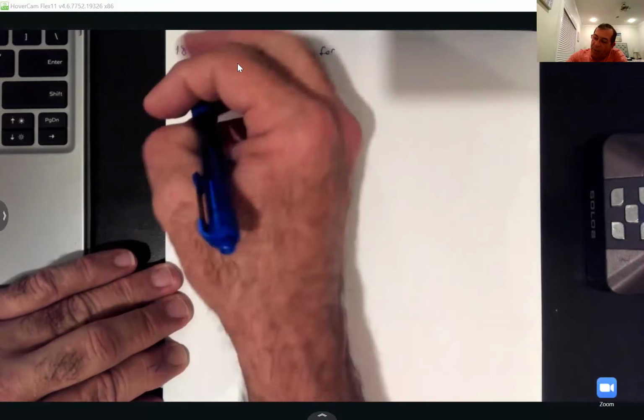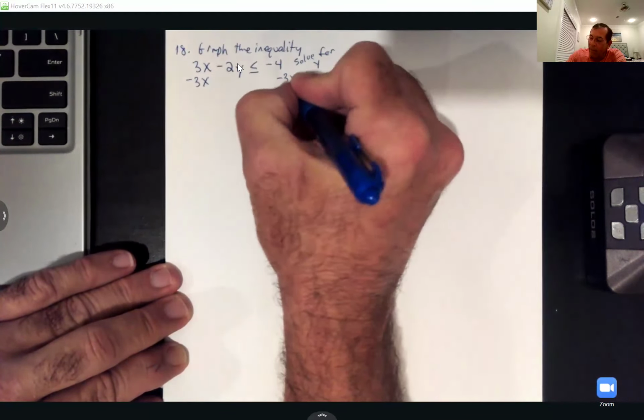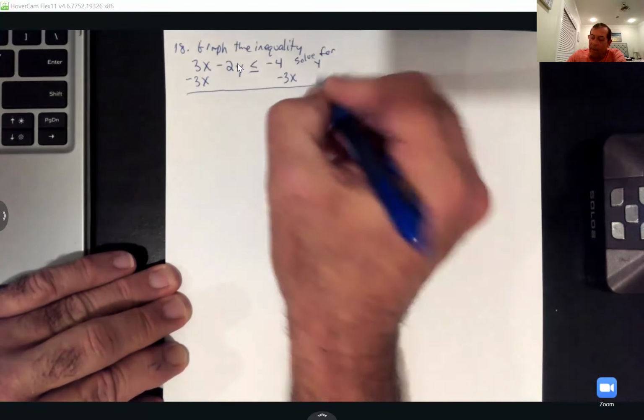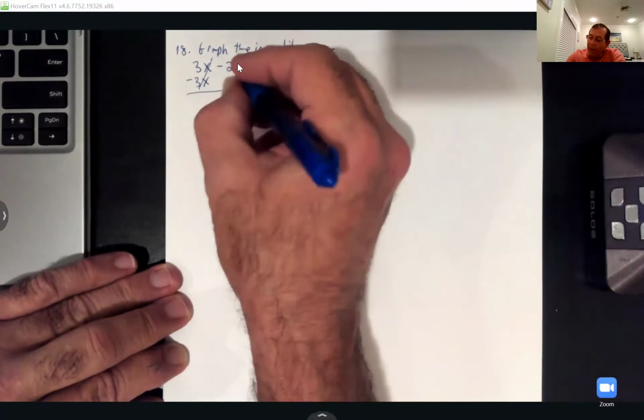So start out by moving the 3x by subtracting. So notice those cancel. You get negative 2y less than or equal. Once again, you don't have like terms, so I always put my x's first, negative 3x, and then minus my 4.